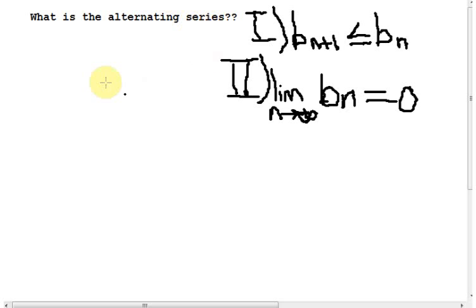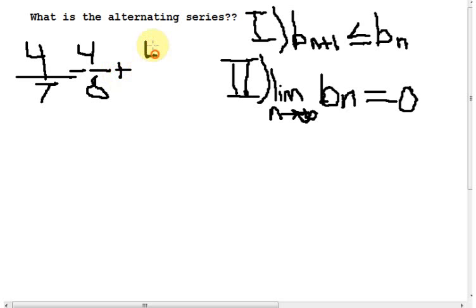So let's look at an example to see if these two conditions apply to it and to see if it converges. This example is from the textbook, chapter 11, I think number 3 in the questions. So we have 4 over 7 minus 4 over 8 plus 4 over 9, and it goes on.